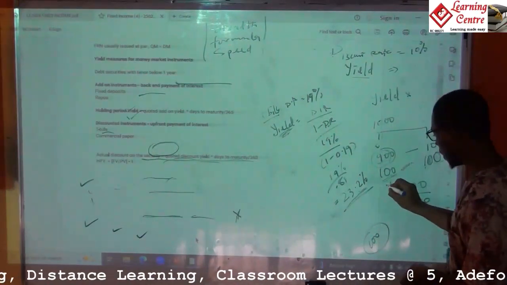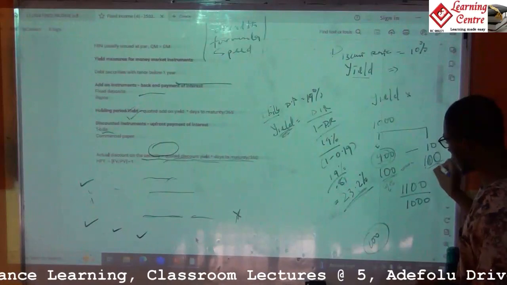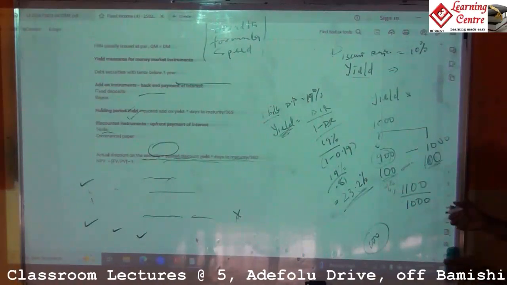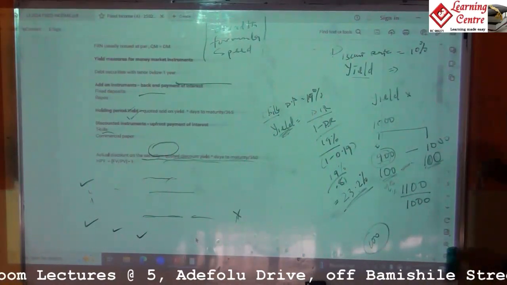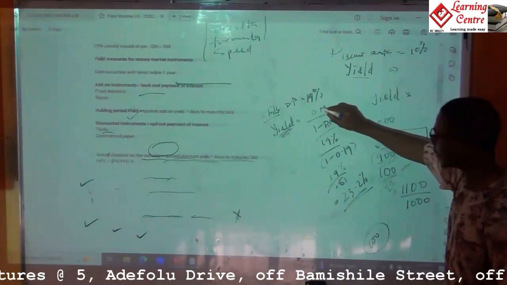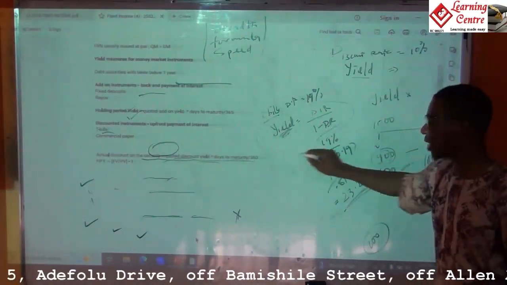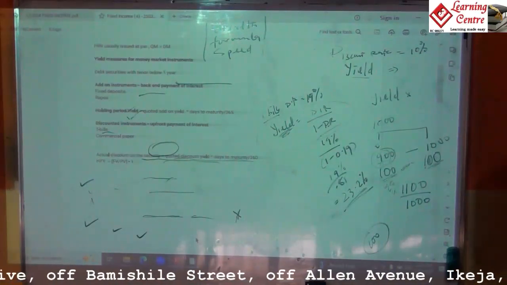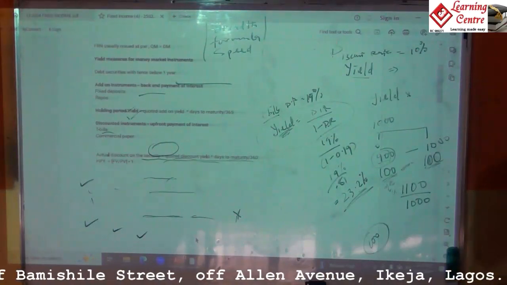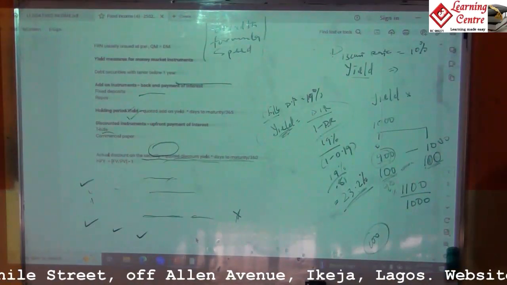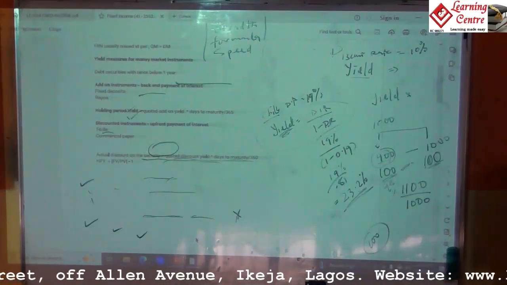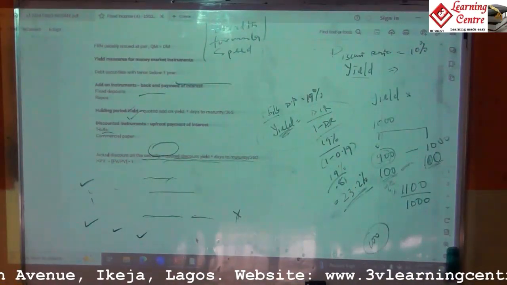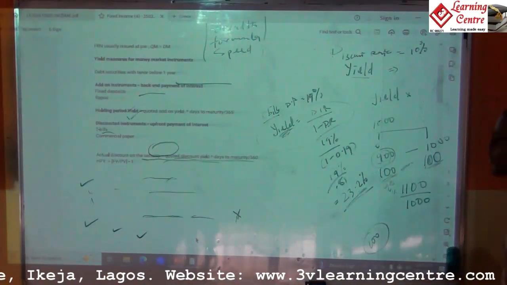That means I'm giving them 90 naira to collect 100. I have another 10 naira upfront. You can continue doing that more and more, and that's why we use a simple formula to get it very fast. By the time you accumulate all the interest, the first 100 naira, the next 10 naira, and so on, the income comes to this 23.2%. Yes, that is the yield, the return that the instrument will give to you.